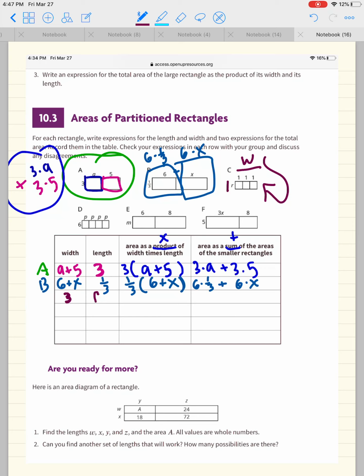Area as a product of width times length. That's just going to be 3R, or 3 times R, same thing. And then area as a sum of the areas of the smaller rectangles. So we're going to have R times 1 plus R times 1 plus R times 1.